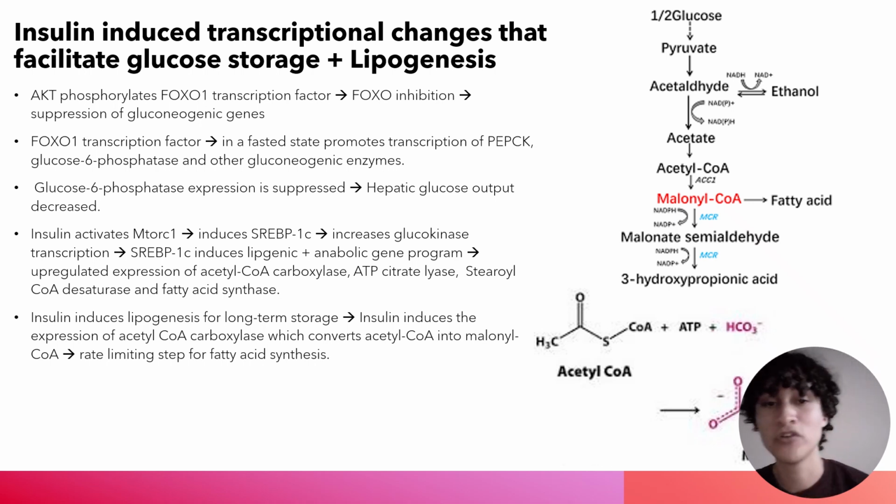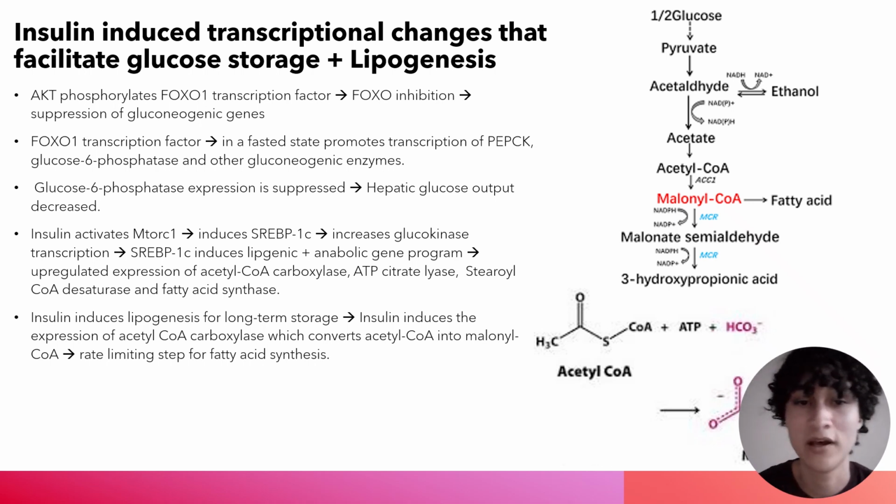So FOXO1 is a transcription factor that is known for promoting the transcription of gluconeogenic enzymes and glucose 6-phosphatase as well. Now, glucose 6-phosphatase in the liver, as I mentioned before, will remove that phosphate group from the glucose, allowing for it to diffuse out of the cell. But of course, we're trying to lower blood sugar levels, so we don't want hepatic glucose output.